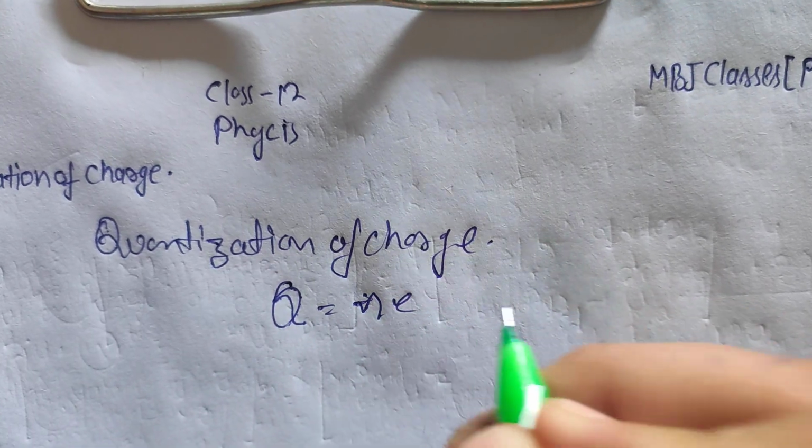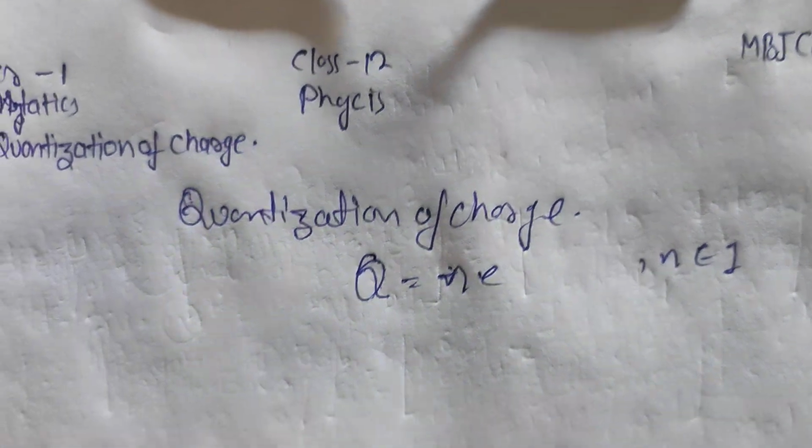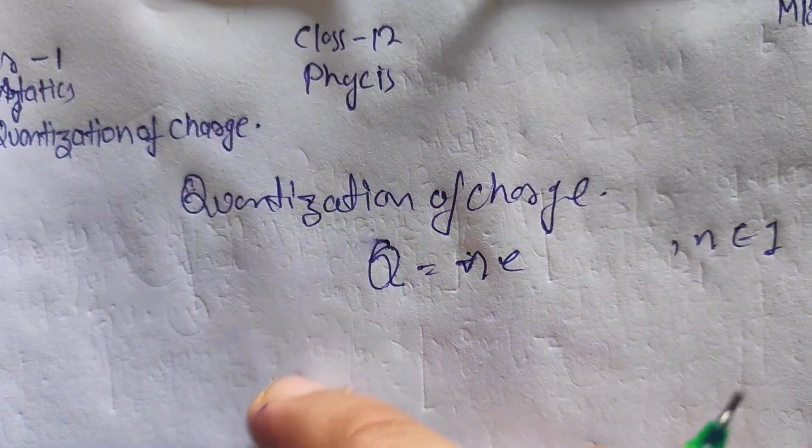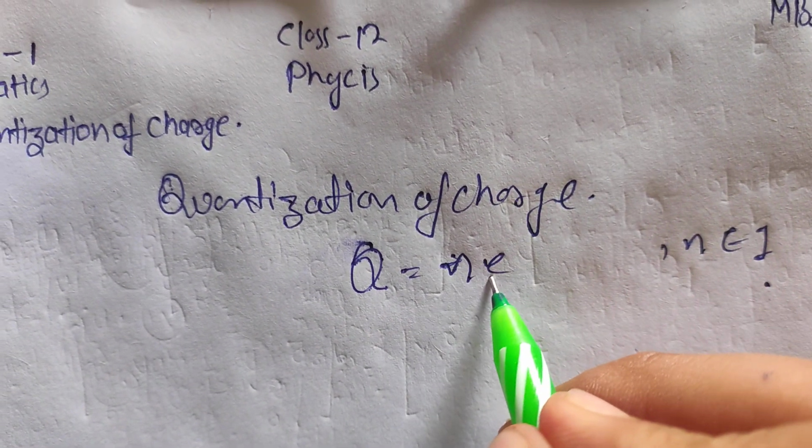q = n e, where n is an integer. It says that every charged particle carries a charge that is an integral multiple of the basic unit e.